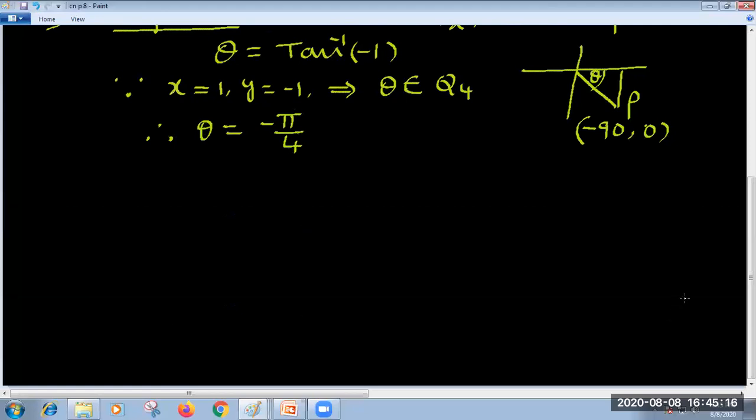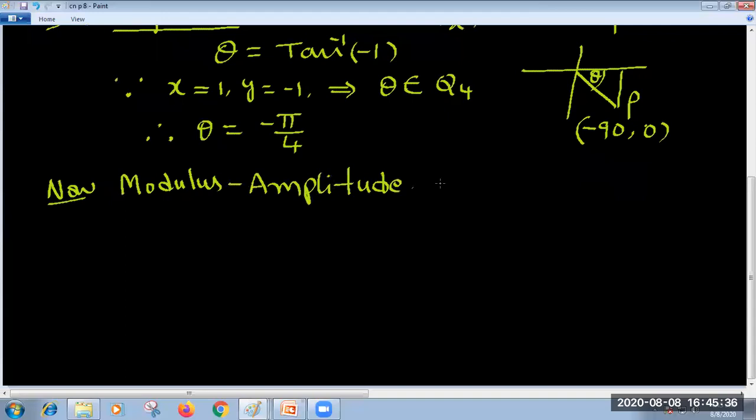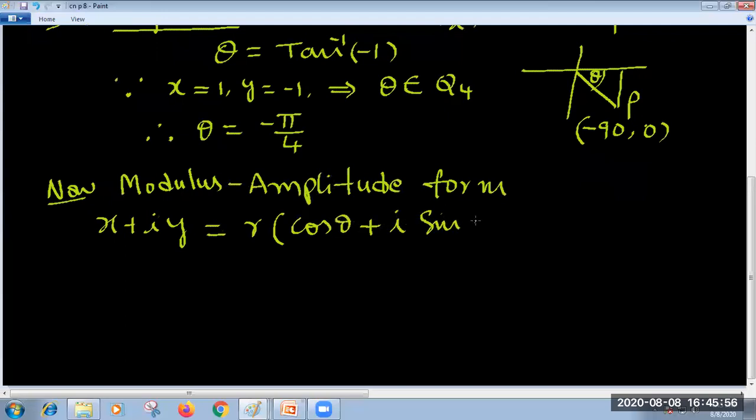Now we have to write the modulus amplitude form. For any given complex number x plus iy, the modulus amplitude form is r into cos theta plus i sin theta.